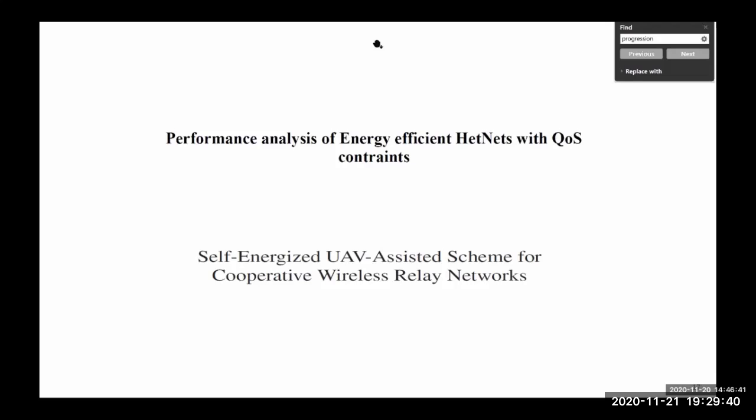Here the methodology is given, the kind of system is also explained, and what kind of users are in the system is also explained in this title. And also the title needs to be consistent, right? The first one is about the performance analysis of an energy efficient network with QoS. It should be constrained. I have seen this, and you can also see the spelling mistake in the title.